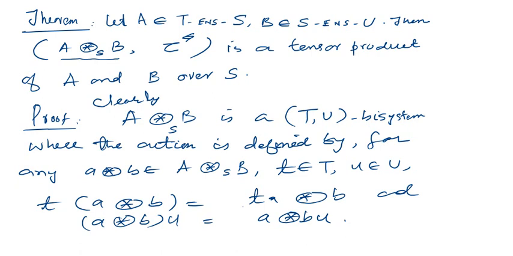Next we verify that this tau natural is a bimap. First it should be a TU map. So let's verify that it's a TU map.